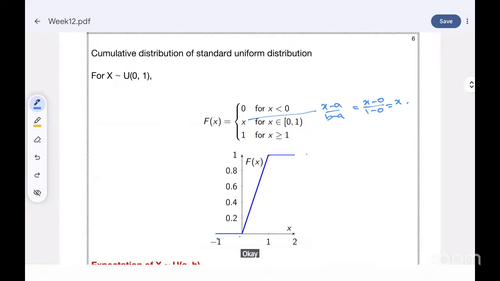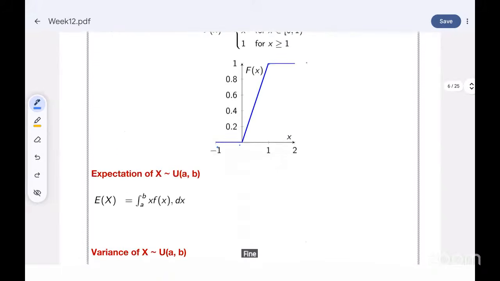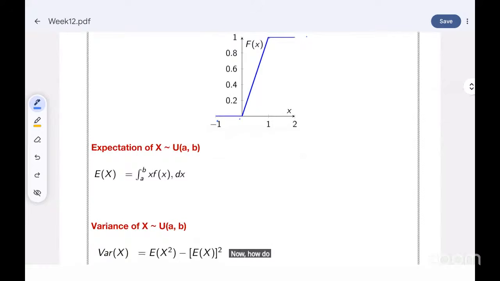Okay. Fine. Now, how do you find the expectation of a random variable x for a uniform distribution? What is the formula for expectation? You know that it is the integral from a to b of x f of x dx, right? So what is your f of x?